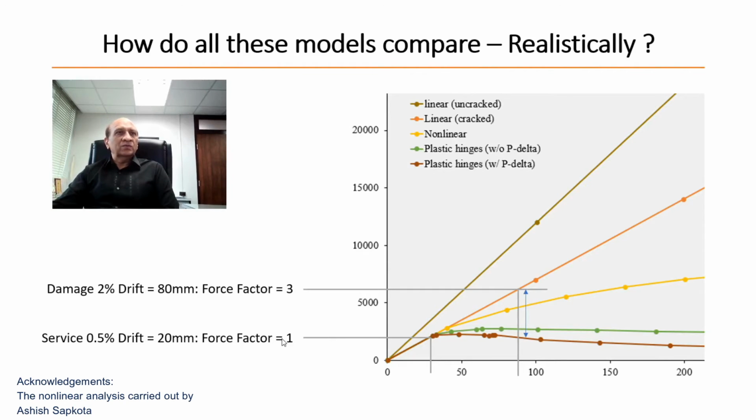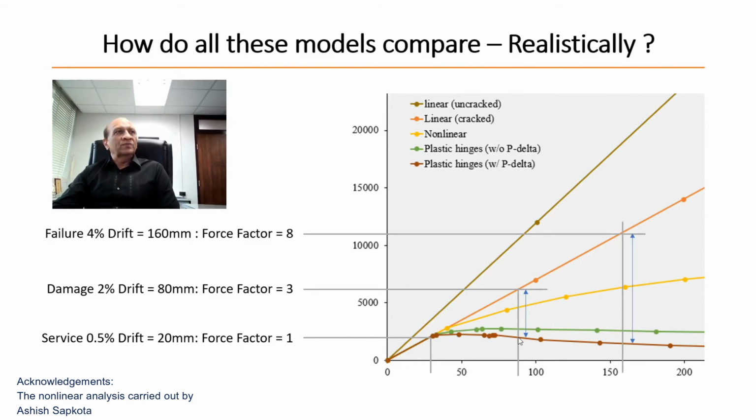And at that level, about 80 millimeter of displacement, we get roughly a force factor of 3. That means the linear elastic response will give us a force value roughly 3 times the actual capacity of the frame if we consider both the section capacity and the stability effects or the P delta effects.